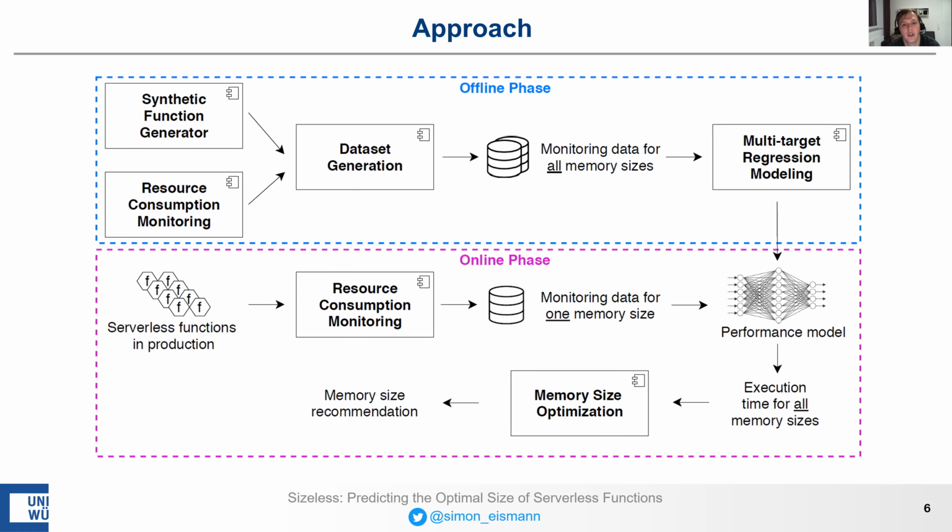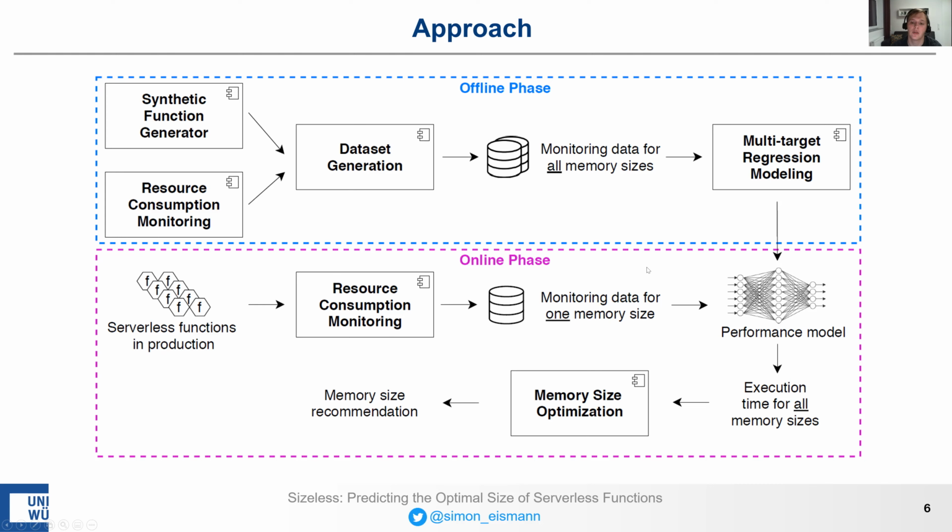Our approach consists of an offline phase and an online phase. In the offline phase, we use our synthetic function generator along with our resource consumption monitoring to generate a large data set where we have monitoring data for all memory sizes available. On this data set, we then train a regression model. Now for serverless functions in production, we can simply attach the resource consumption monitoring.